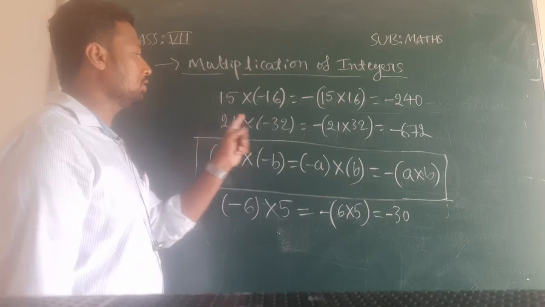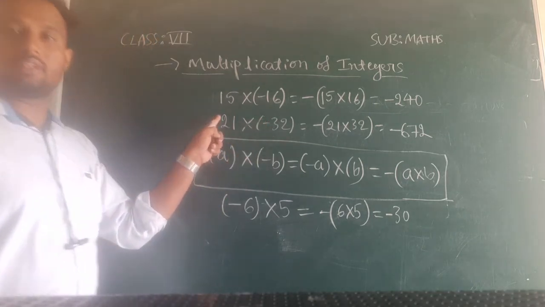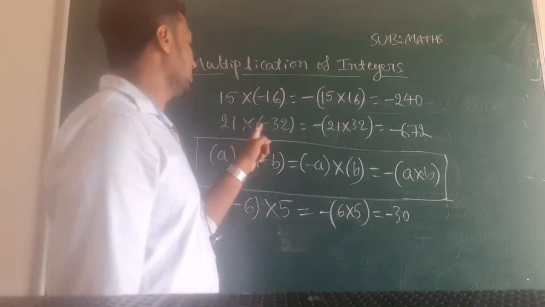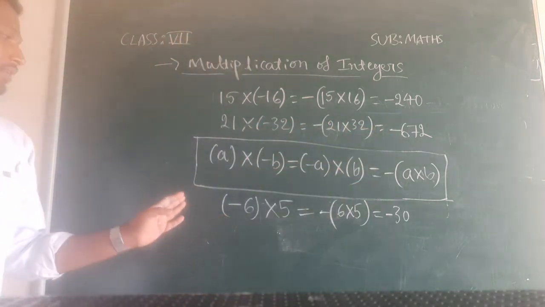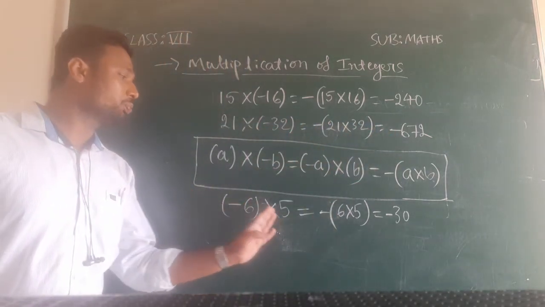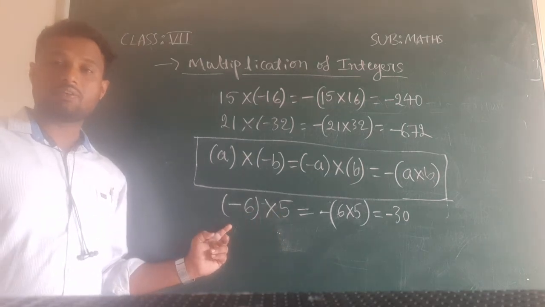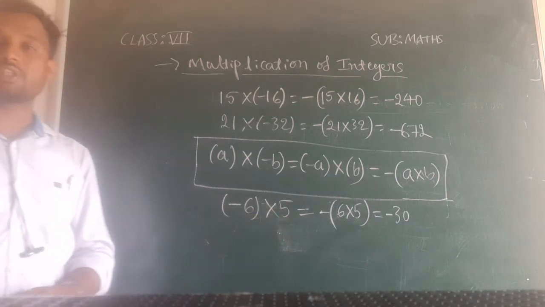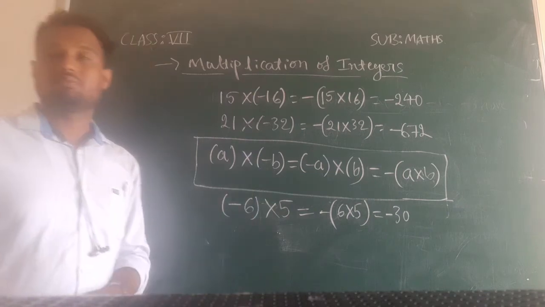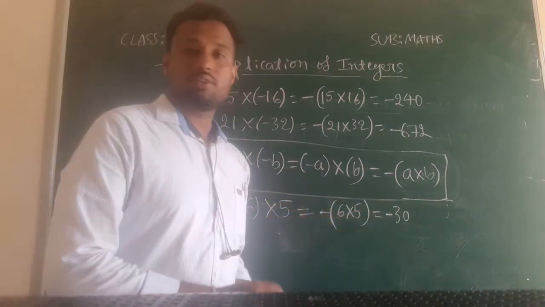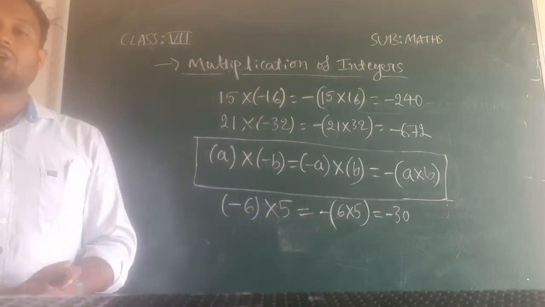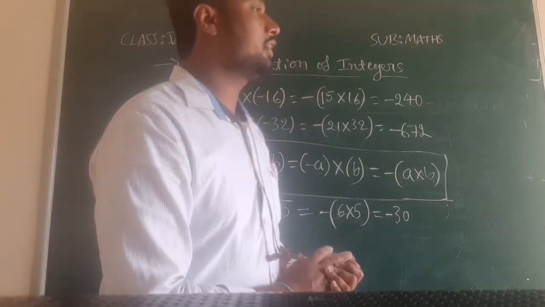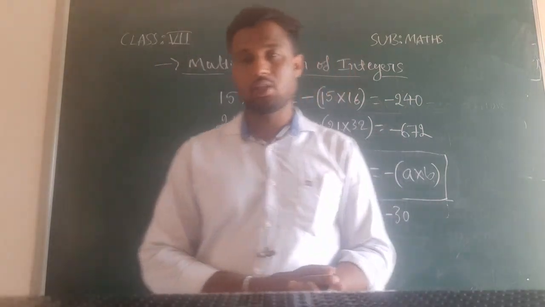Here this is a positive integer and this is a negative integer, so plus into minus is minus only. And here minus into plus, the negative integer first and the positive integer next, so minus into plus is minus only. So when we have one positive integer and one negative integer, the product we get is always a negative integer.